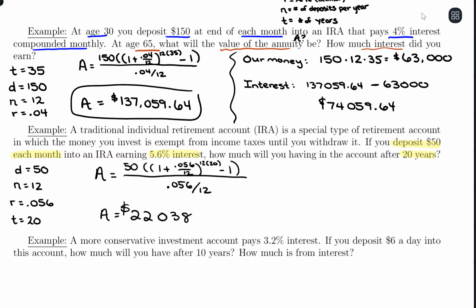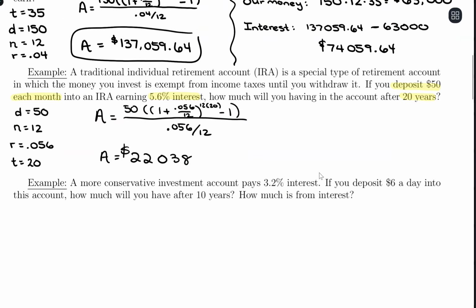So we'll have this amount. So 20 years, I mean, compared to that last account was good after 35 years. This one we're not building as much, but you can see this comparison of like the difference between depositing $50 monthly versus $150 monthly. That makes a big difference here in terms of our final account balance.